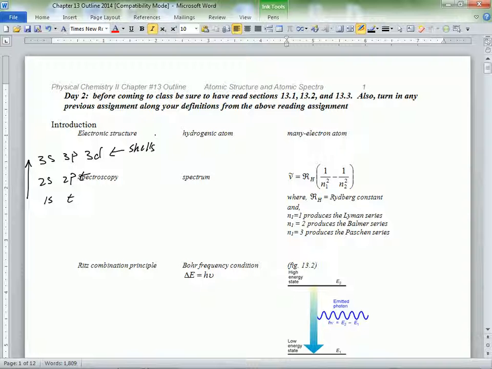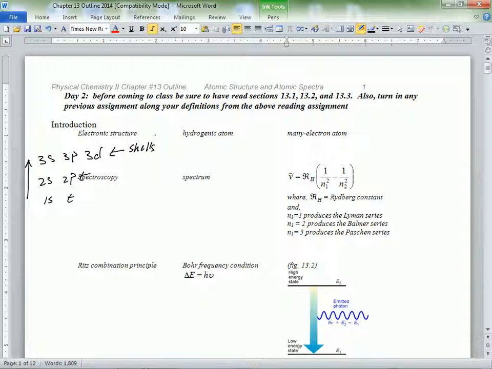But the point is they had all the lines, and then they have Balmer, Lyman, Paschen, all these different series, and they're just playing around with different little rules, because they know it's changes in energy states. So are there some simple expressions you can use to explain those lines? The guys who figured out these simple mathematical relationships between different series, and if you add up all the series, you get the total.